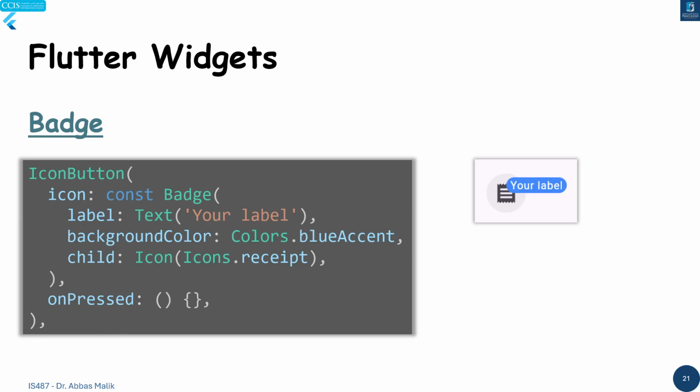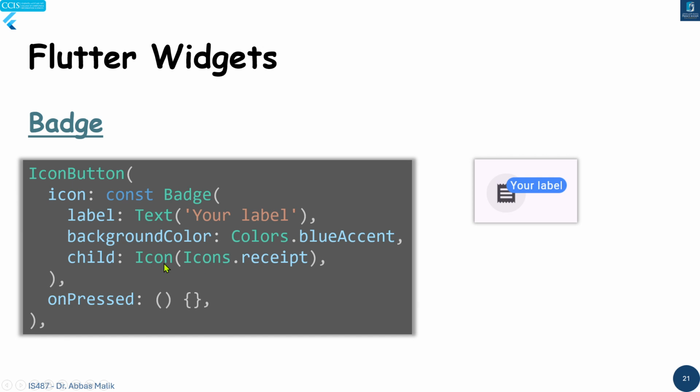So this is an example of a badge code. So we can create a icon button, and then in the icon button, we are putting a badge. If you look at it here, we have a constant icon badge, and then inside the badge, we are putting some label. So what will be the label that appear on that badge, background color.